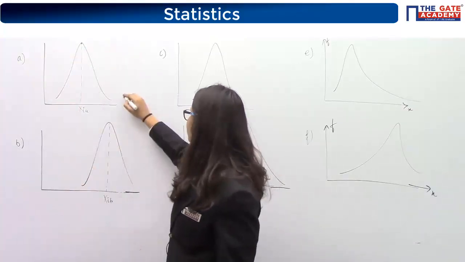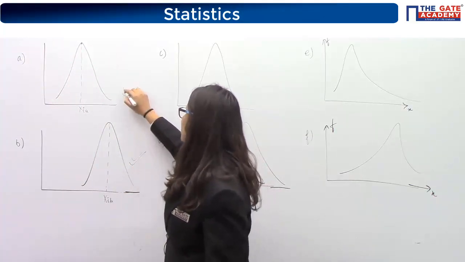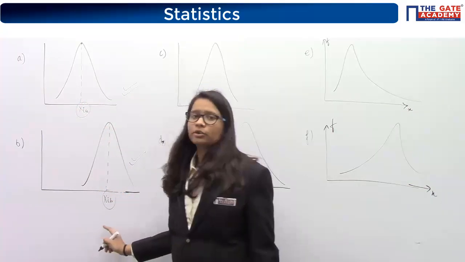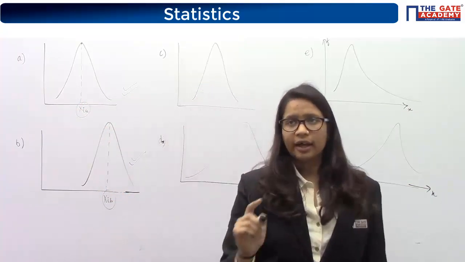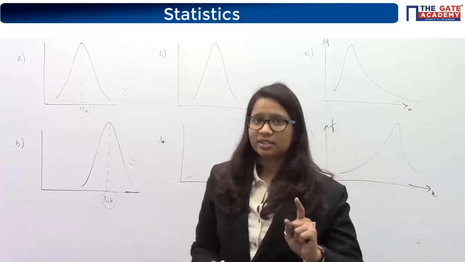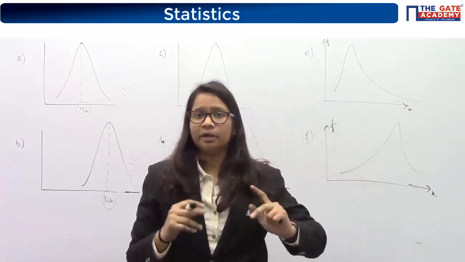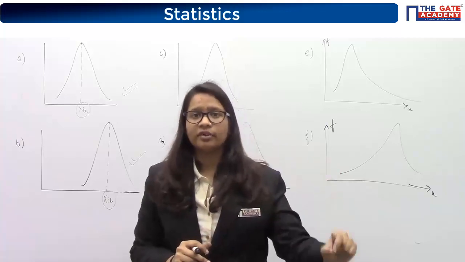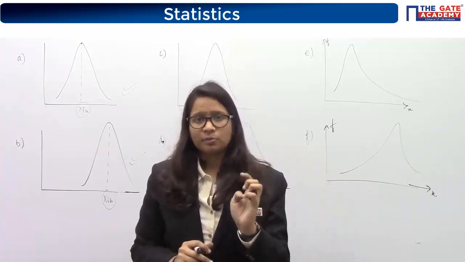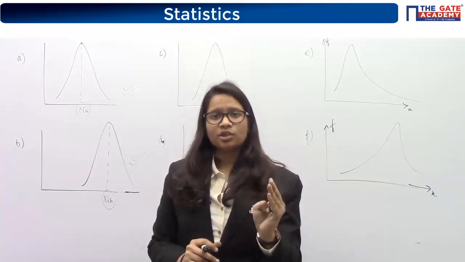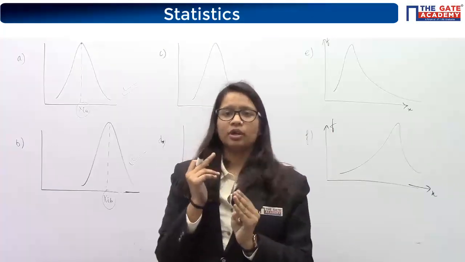Now obviously there is a difference between these two, that the central tendency point is lesser as compared to this value for graph A. So this is the first characteristic by which we can differentiate between two frequency distributions, and that is known as measure of central tendency. And what is measure of central tendency? It is the value about which your data is distributed.